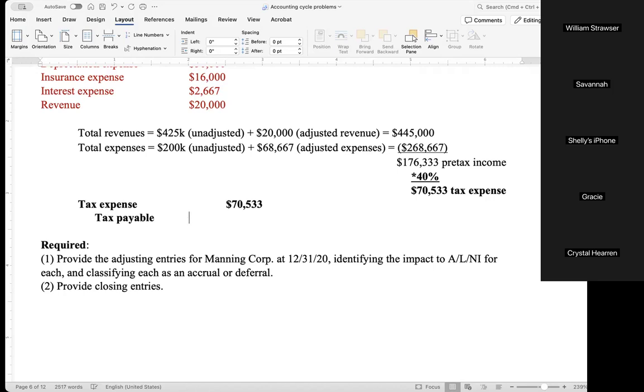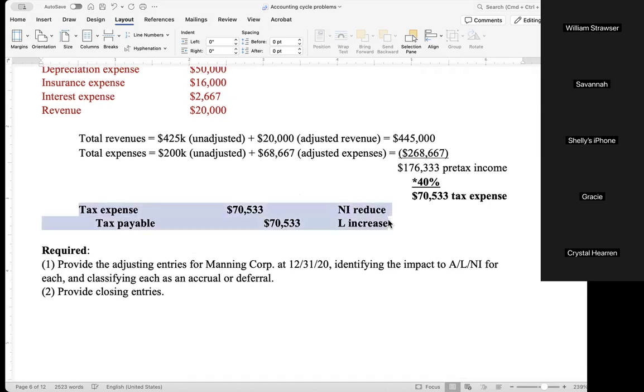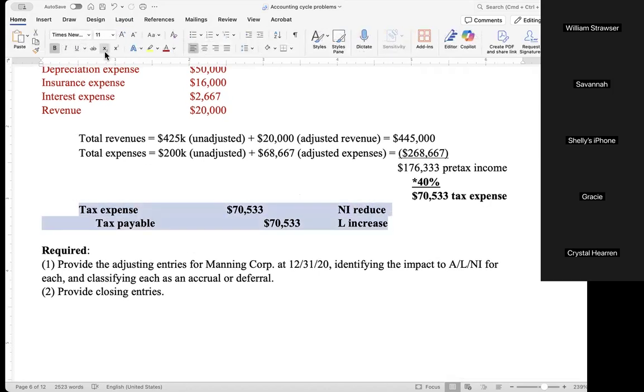Correct. And since this is an expense, what's it going to affect? Net income. Net income, correct. And it's going to reduce net income. And the payable is what? Liability. Yep, and that will increase. All right. Good. So that is the adjusting entry. That would be my answer.